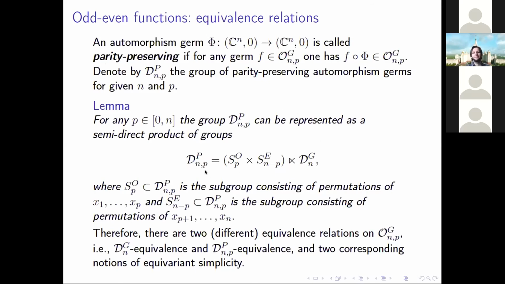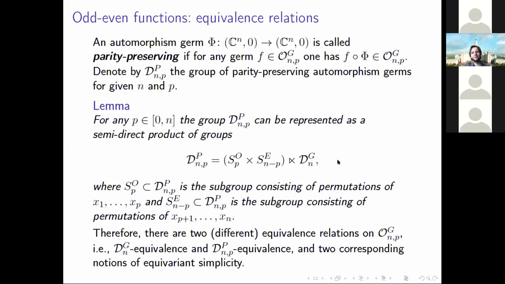Basically, in order to perform a parity preserving automorphism of Cn, you should take an equivariant automorphism, and then you can also permute coordinates in the function, but you can permute the first p coordinates separately and the last n minus p coordinates separately. So this is the difference between parity preserving automorphisms and just equivariant automorphisms.